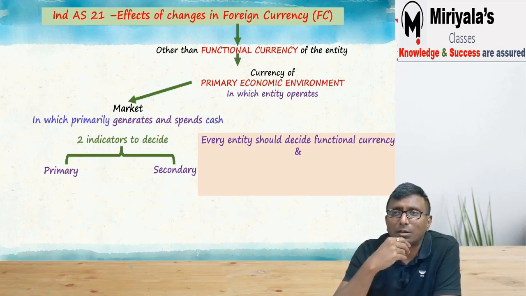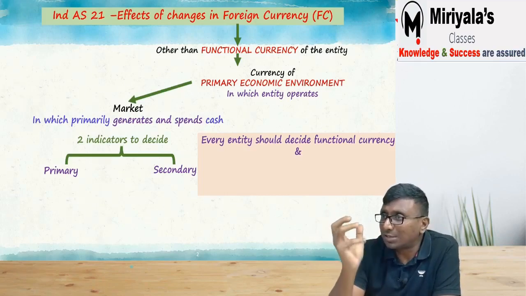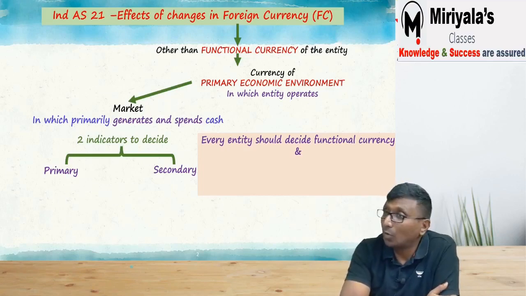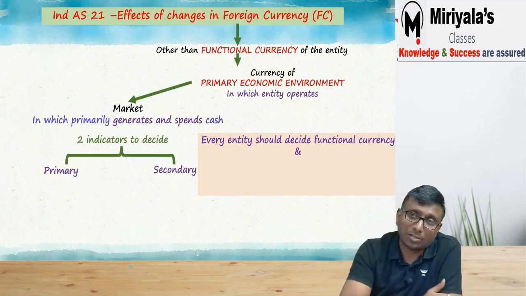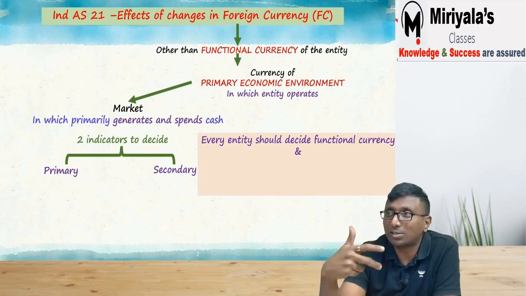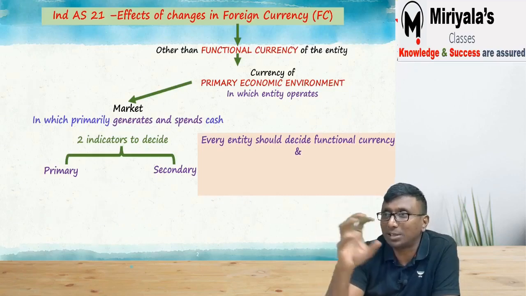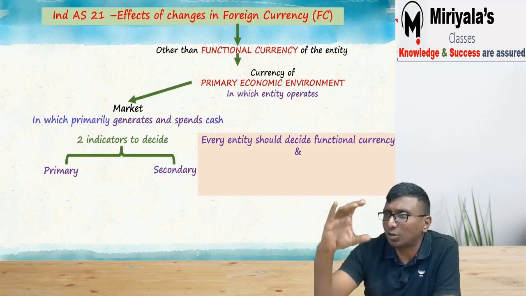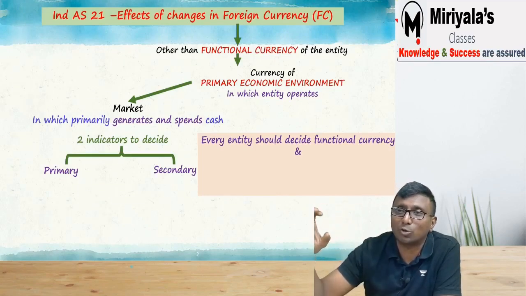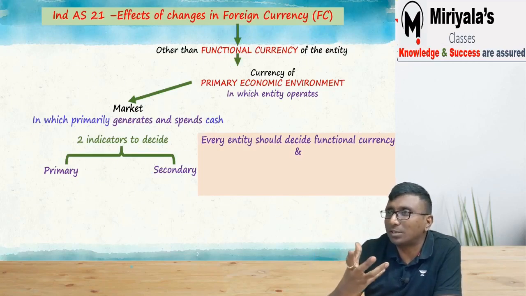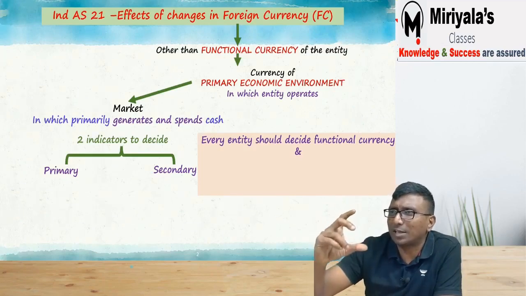Decide what, sir? Decide means first you have to assess and conclude what your company's functional currency is. Look at any Indian company's financial statements. In the notes to the financial statements, the first paragraph talks about basic information about the company: registered in so and so year, into so and so kinds of business, in so and so locations, major things in 4 to 6 lines.